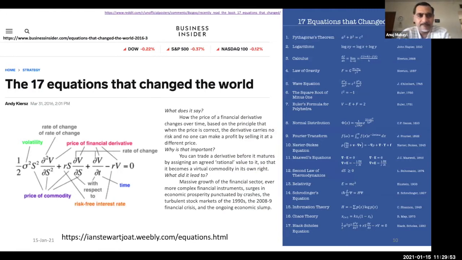This is a Business Insider article which was published in 2016. It talks about, on the right hand side, 17 equations that have really transformed how we look into different real life aspects. Many of those originated from solving physical problems.